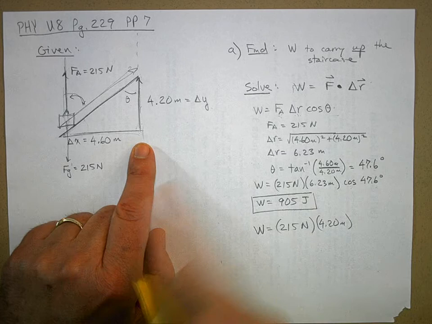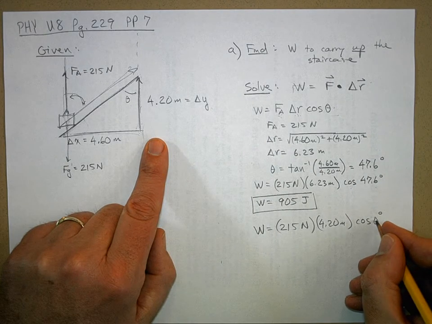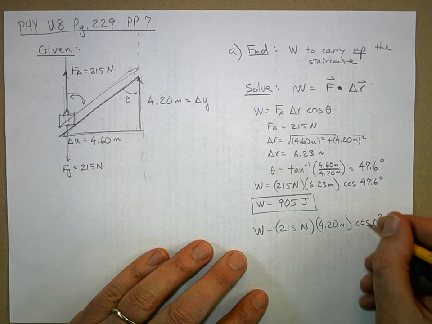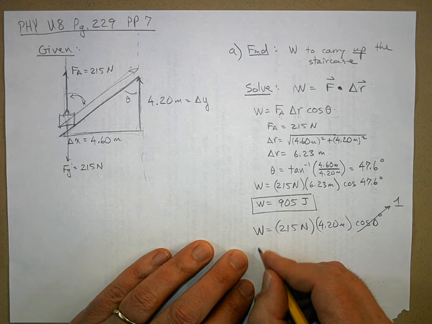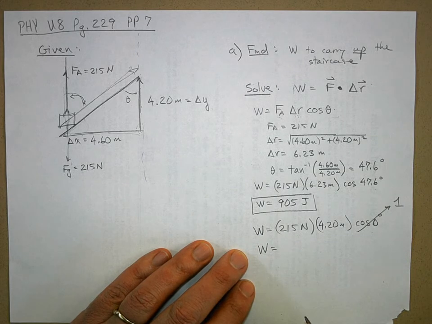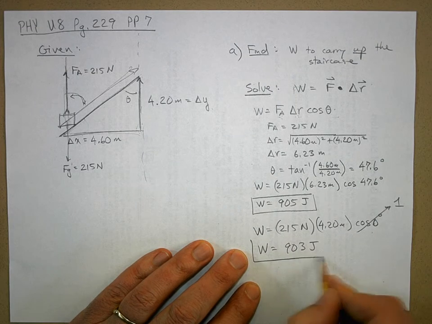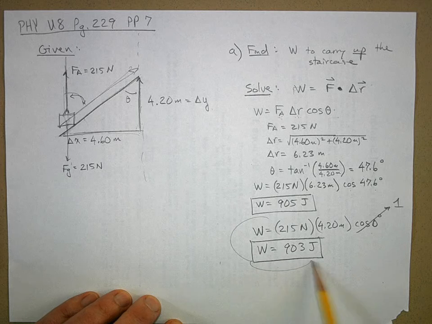And they're parallel, but they're also in the same direction because the angle between them is 0 degrees. Well, cosine of 0 degrees is 1. And you get a work of 903 joules. Now look how easy that is.